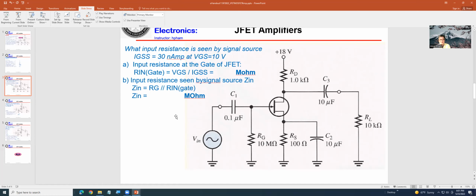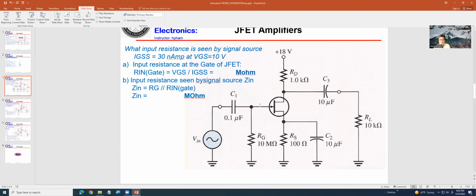Okay, so what you have to do first, they say IGSS equals 30 nanoamp at VGS 10 volt. So basically we need to know what the input resistance at the gate is.